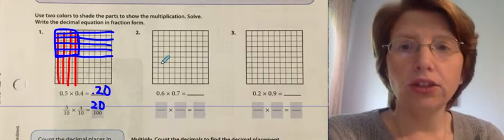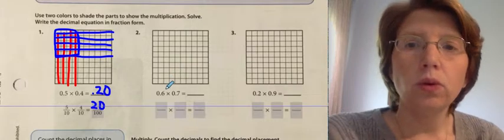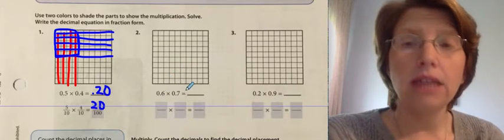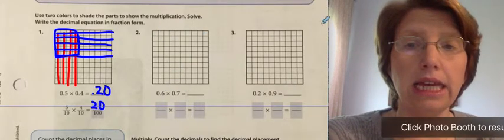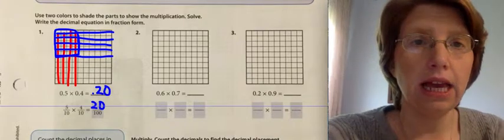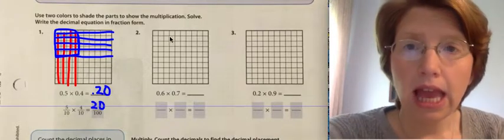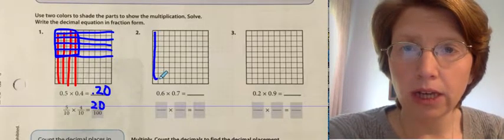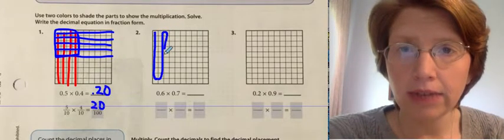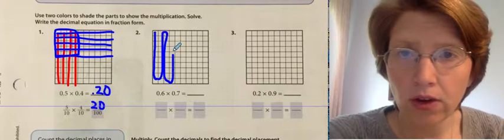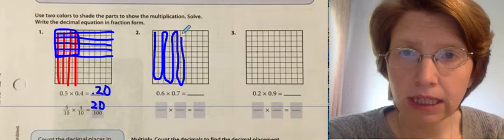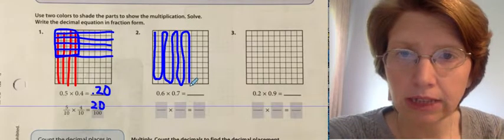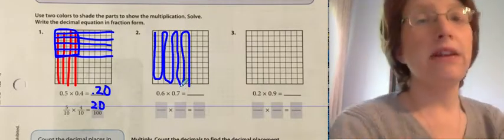Okay, now let's do this one. So 6/10 of 7/10. So that means that 7/10 is going to come down this way. So I'm going to color in 7 of these rows, 3, 4. Yours should look neater than mine. 5, 6, 7. Okay, so that's 7 rows.